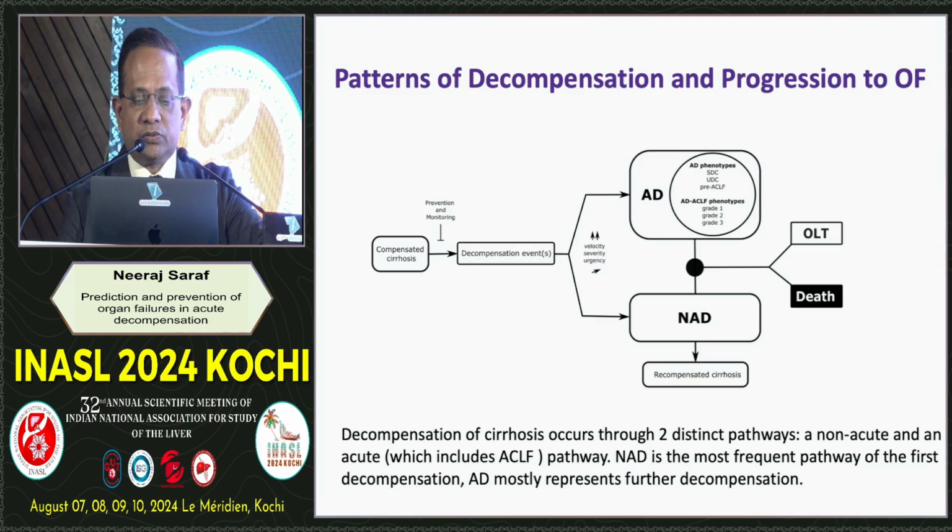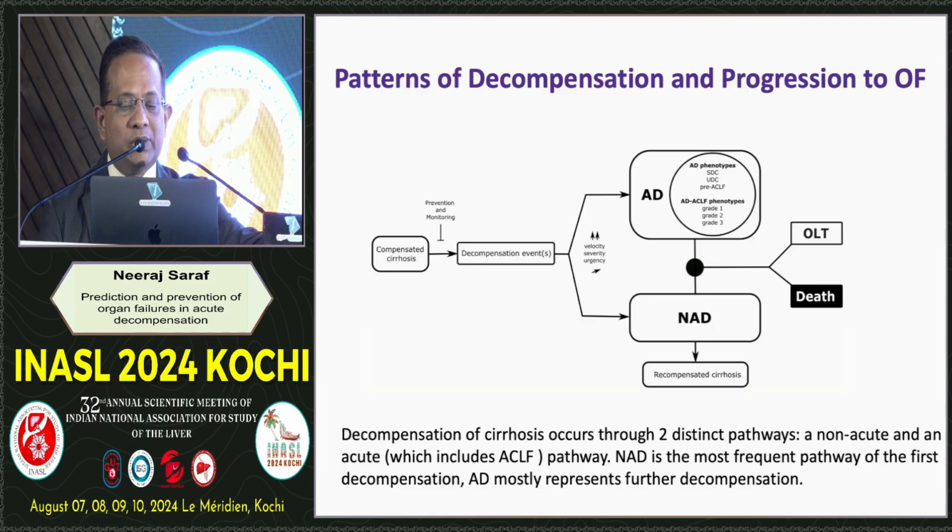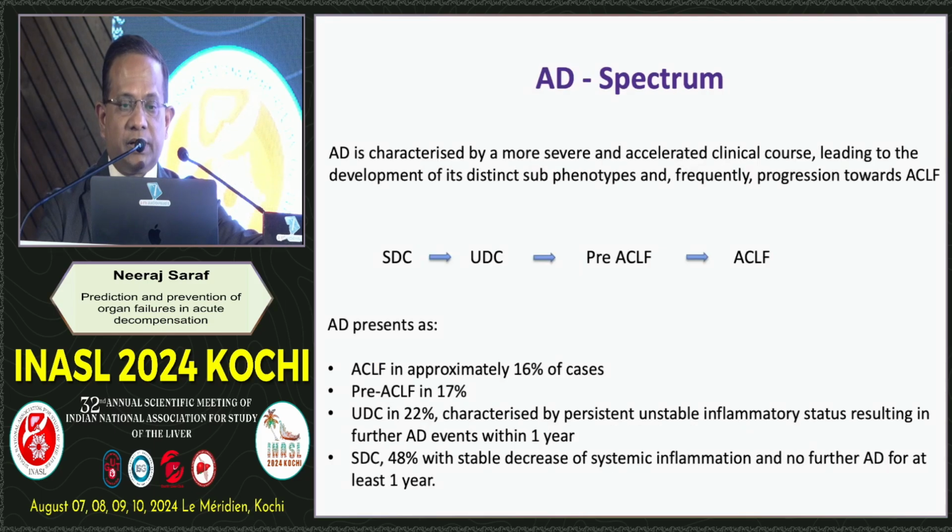So decompensation of cirrhosis occurs through two distinct pathways. Like I said, a non-acute and acute one, which includes the organ failure pathway. And non-acute decompensation is the most frequent pathway of the first decompensation, and acute usually represents further decompensation.